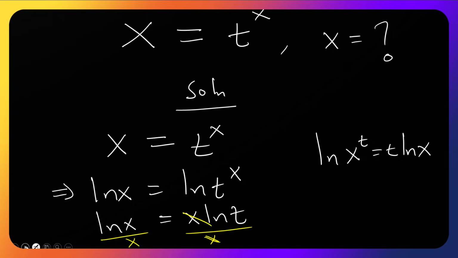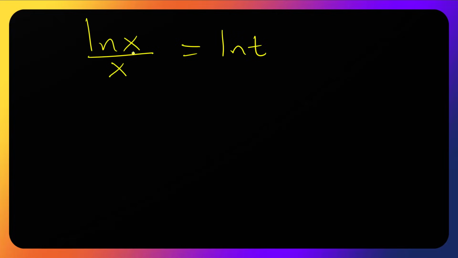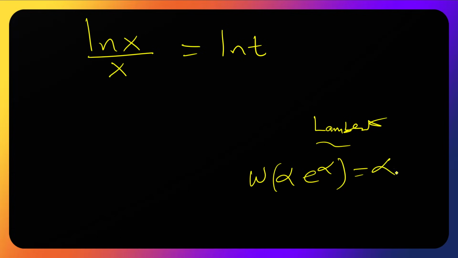All right. Now, when we have a situation like this, ln of x on x, and you want to solve for x, you can only do that with the help of the Lambert W function. It's very powerful. Now, when you have alpha times e raised to alpha, when you take the W function of this, the answer will be alpha.